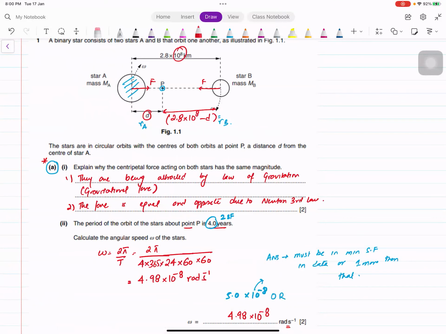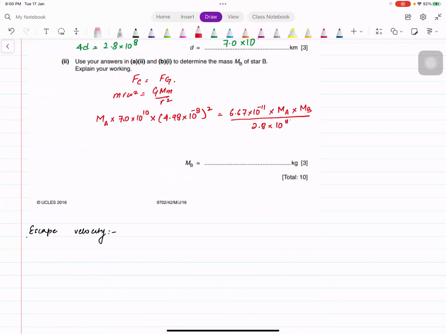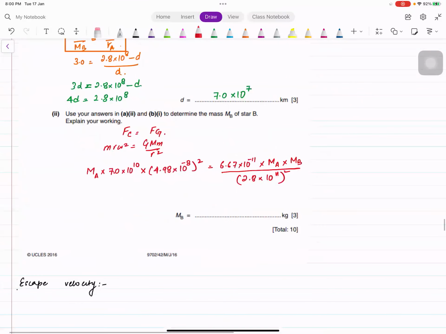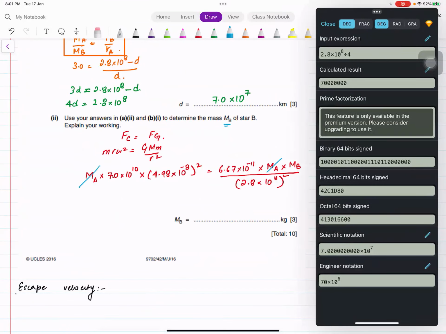So I have to change this to meters, which makes it 10 raised to 11, whole squared, in meters. Now we have to solve this. The reason I chose MA on this side is because I want to find MB, so this will automatically cancel out. That's great. Now I can simply find MB using my calculator.